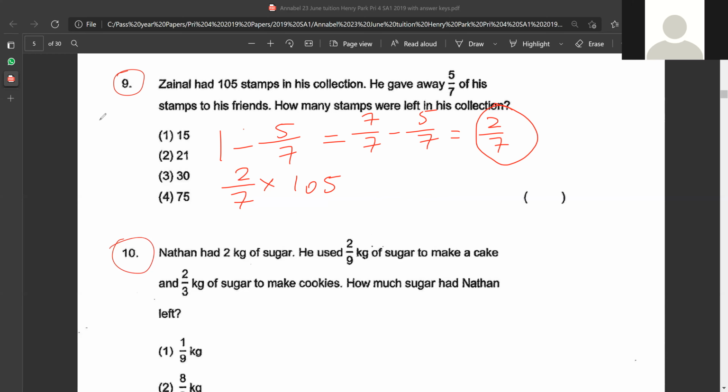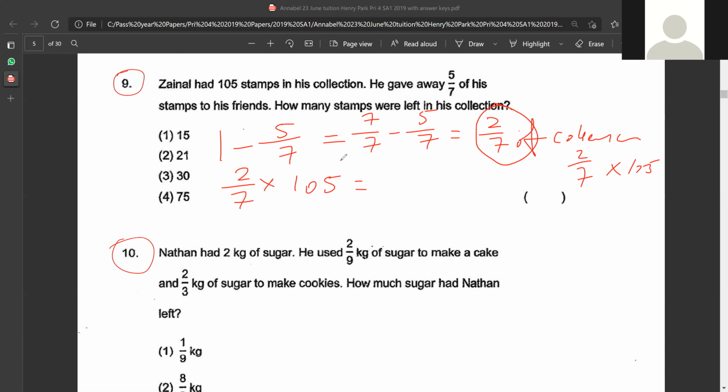A fraction of is always times. A fraction of, 2/7 of his collection, is 2/7 times the number of stamps in the collection he has. 2/7 times 105.